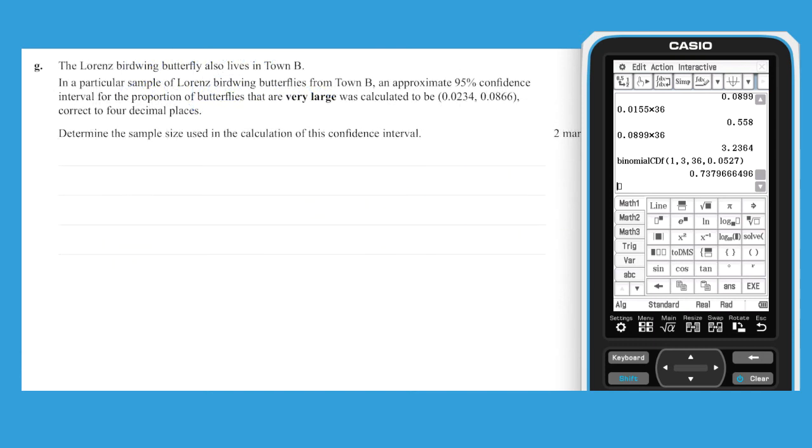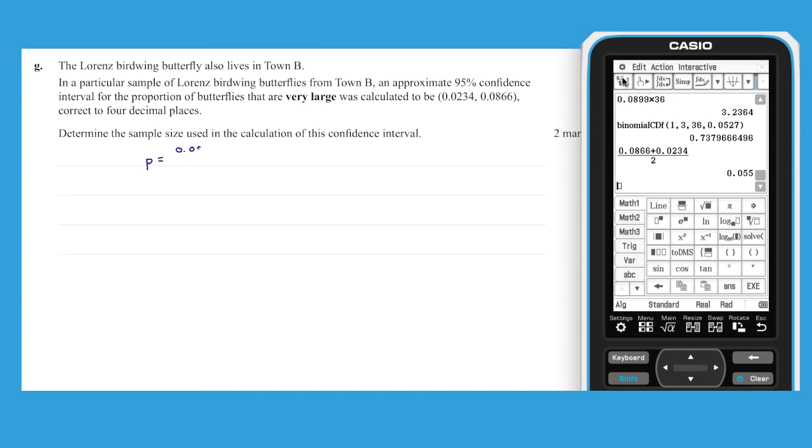Part G. To determine the size of the sample used to calculate this confidence interval, we can first average the lower and upper bounds to find the p-value. We can now write down an equation for the width of the confidence interval in terms of n.